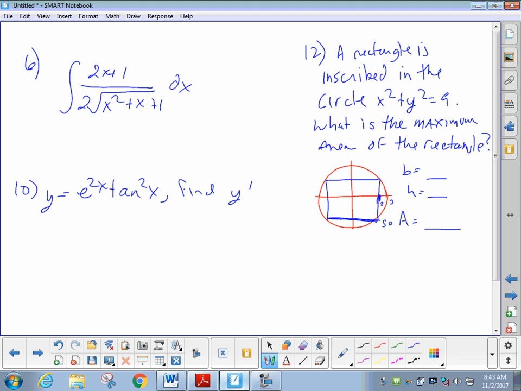So the top is 18 minus 2x squared. So you have a quadratic.